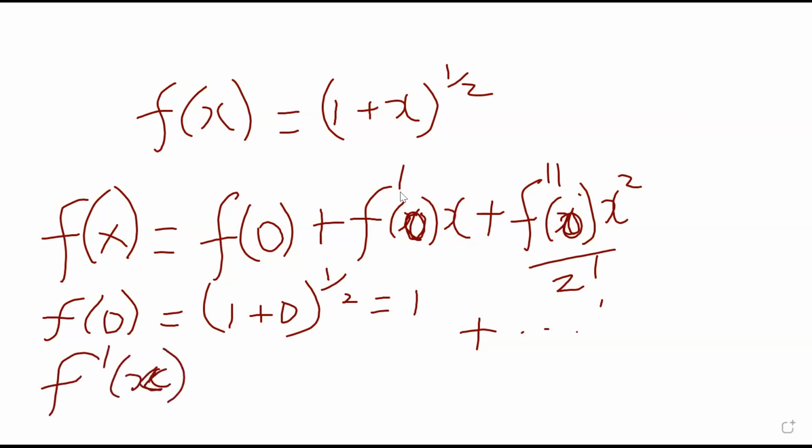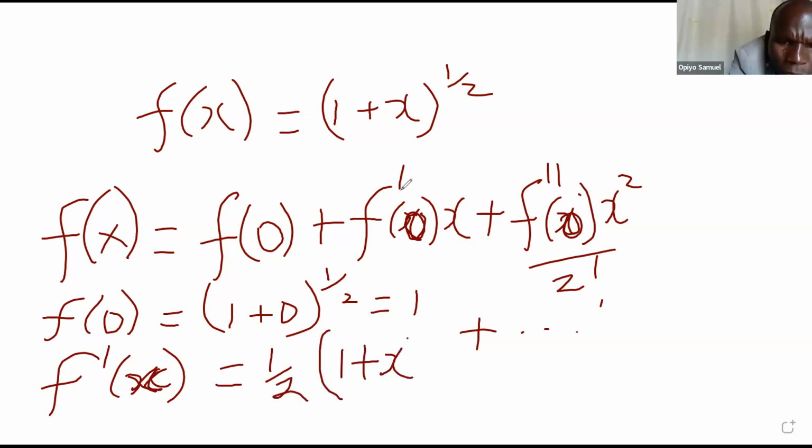F prime of x is going to be a half into 1 plus x to the power negative a half.